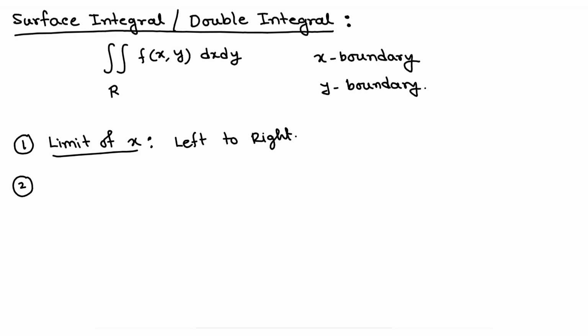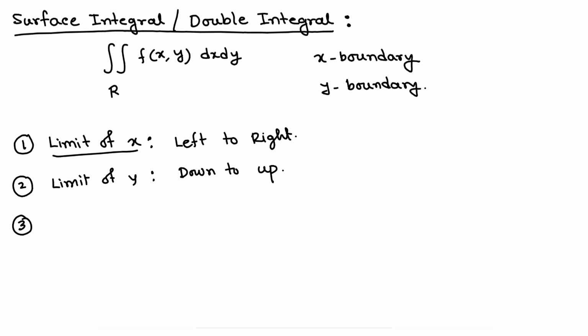Number 2, similarly limit of y, that will be down to up. Clear? So the first 2 points are: the limit of x will be left to right, and the limit of y will be down to up.